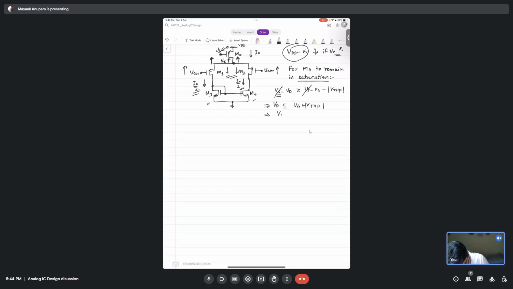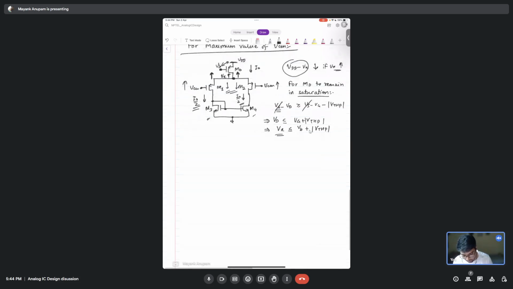What is VD here? Vx, right? Should be less than VG, which is VB plus mod of VTHP, right? And what is Vx here? We have already calculated Vx, due to change in VCM.